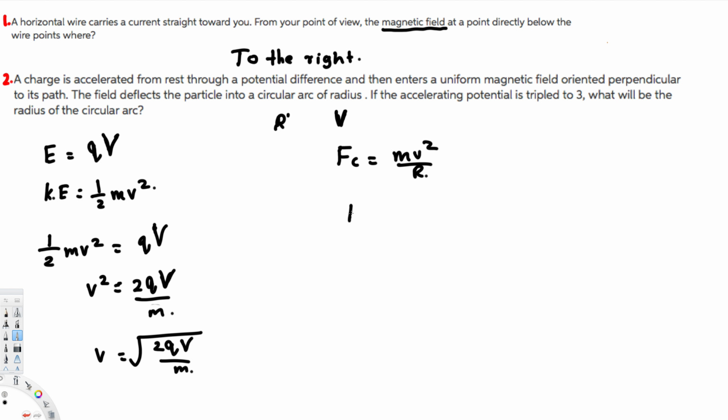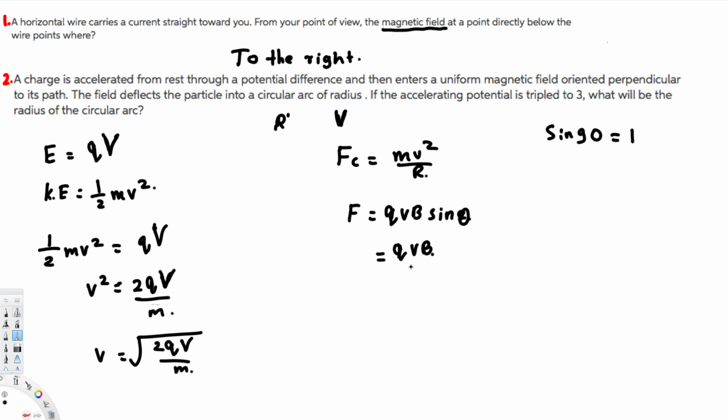The other equation is F equals qvB sine theta, but theta is 90 degrees because the magnetic field is oriented perpendicular to its path. Sine 90 is 1, so we don't have to worry about sine theta, and this changes the equation to qvB.